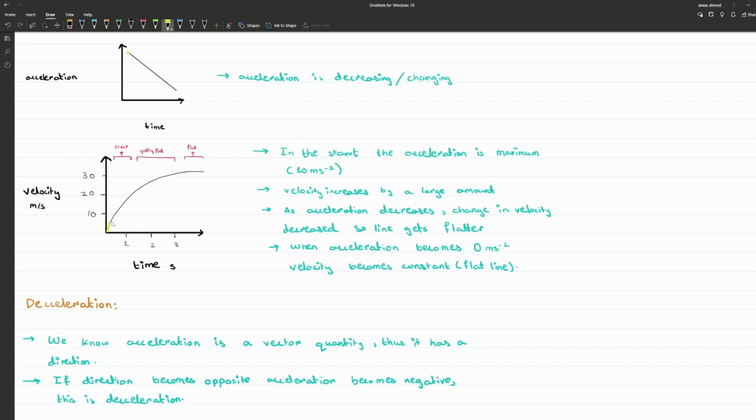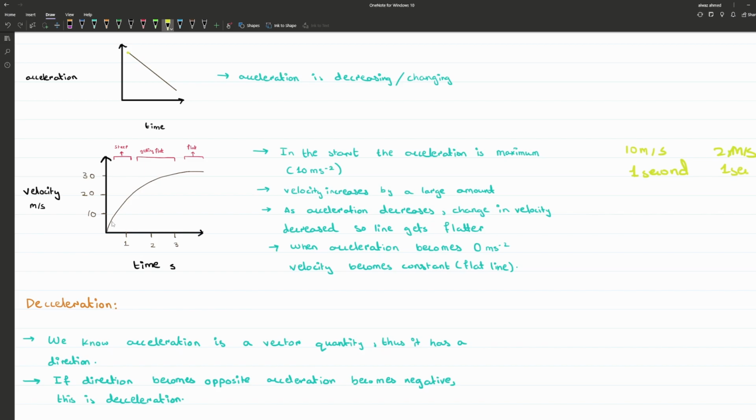So for example, if previously in 1 second the velocity of the ball increased by 10 meters per second, so let's take the acceleration 10 meters per second each second. After the acceleration has decreased, the velocity of the ball is going to, let's say, increase by 2 meters per second each second.